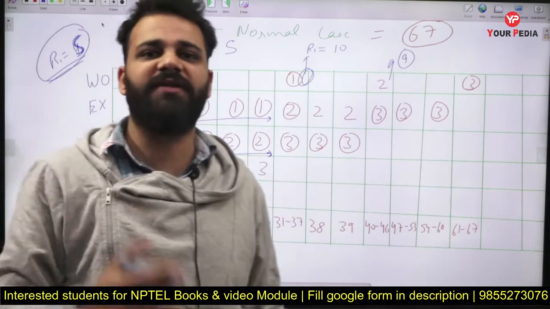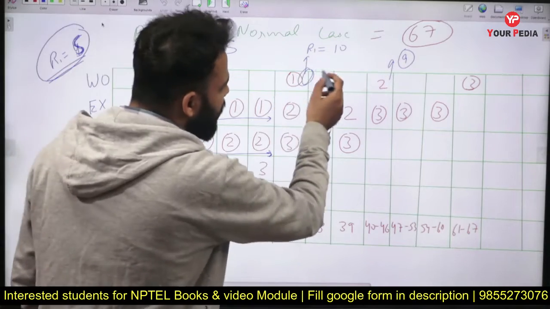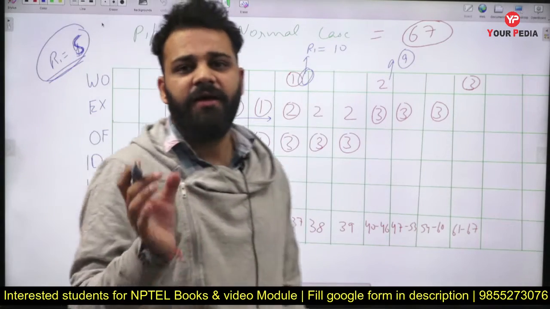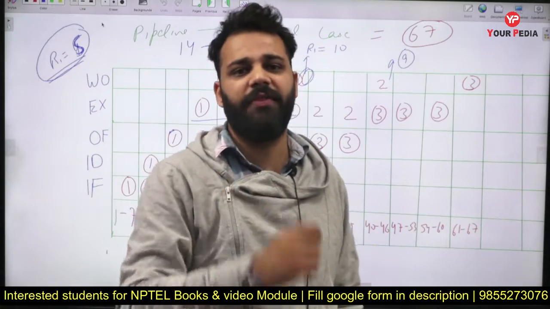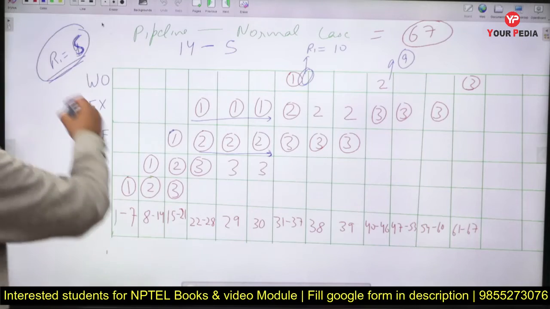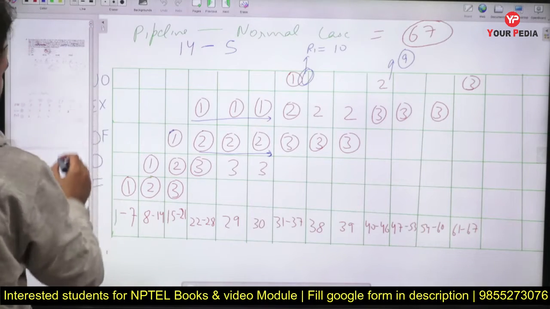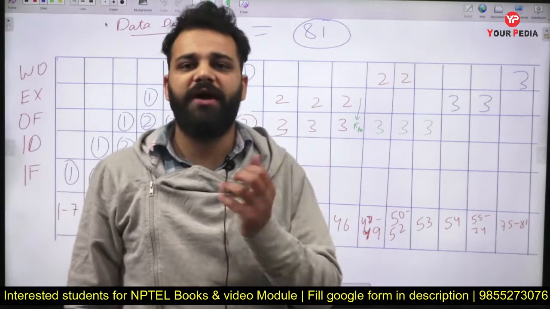So if the number of stalls increases, this means the number of clock cycles will increase, because if you don't consider these hazards, then the answer will not be correct because of the dependencies present. In this case, data dependency was present in our instructions. So in order to solve that data dependency, we used the operand forwarding technique.